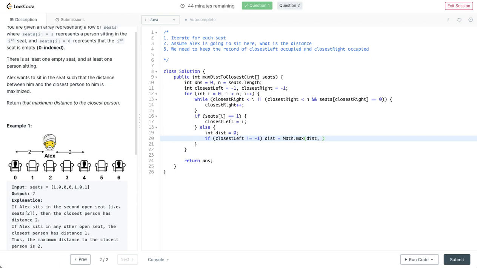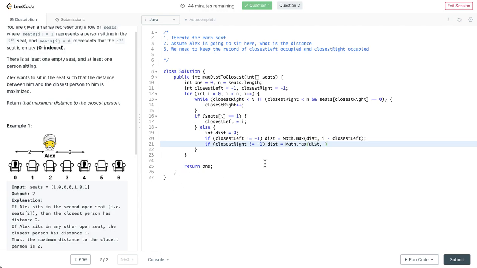And then, yeah, we need to know, so that one is like I minus closest left, and if closest right is not equal to -1, it means there's something on the right, so you have to consider that as well.